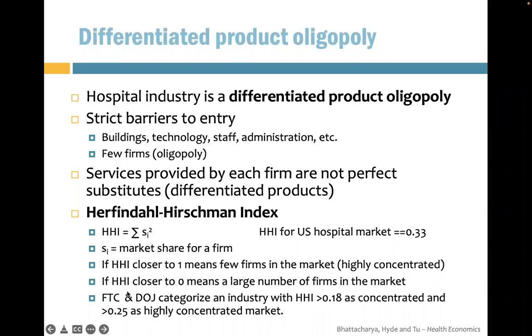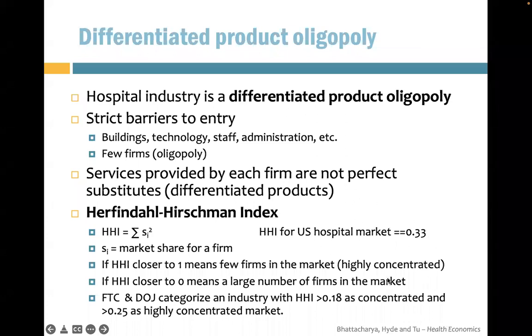The FTC and DOJ characterize an industry as concentrated if HHI is larger than 0.18. If it's larger than 0.25, it's highly concentrated. And HHI for the US hospital market is actually 0.33.